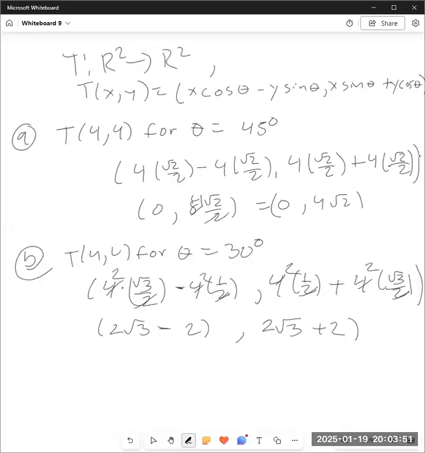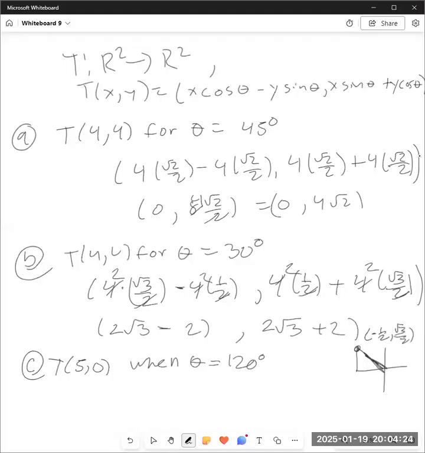And part C asks to find T of 5, 0 when theta equals 120 degrees. So 120 degrees is a 60-degree reference angle. Up here, cosine is -1/2. Sine is root 3 over 2.